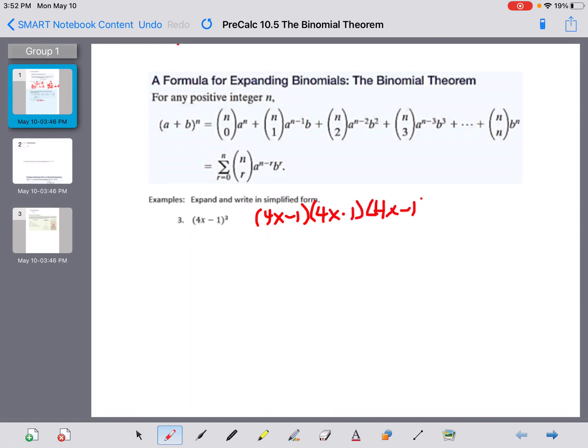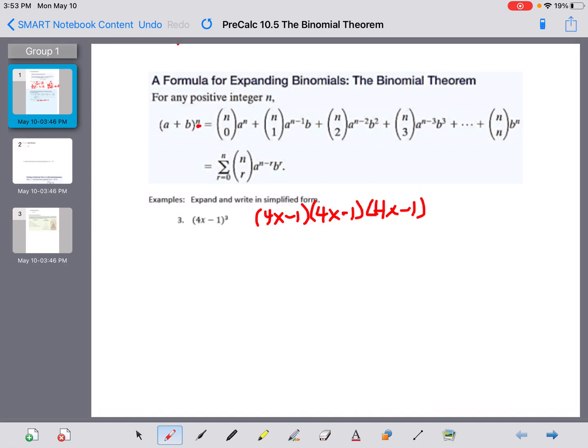And we know that means like I'd have to FOIL the first two, then find that polynomial, then multiply it times 4x minus 1. And while that's not a terrible task, if I take it to the 5th or the 6th or the 7th power, the more powers I get, the more overwhelming that task gets and the more room for mistakes.